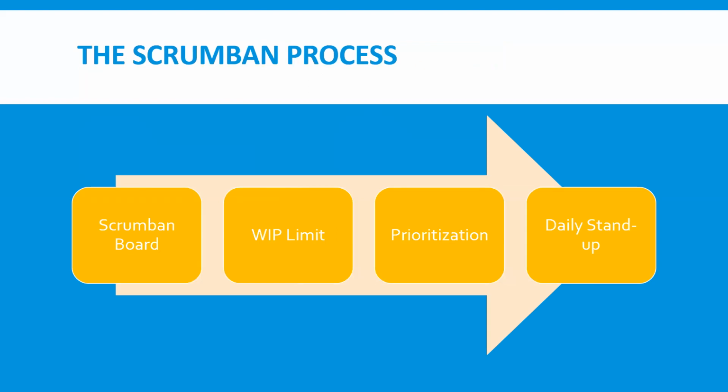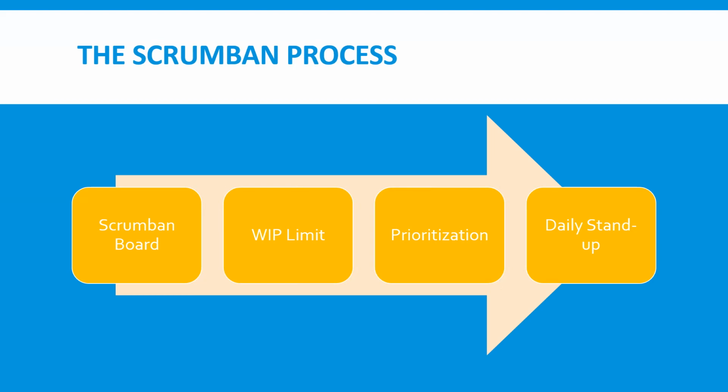Then the Scrumban process. What are the things we can follow to implement Scrumban in the daily life of our project? The Scrumban board, of course, is one of our main tools. It's a visual board where we keep our stories and move forward with the WIP limit, means work in progress limit.